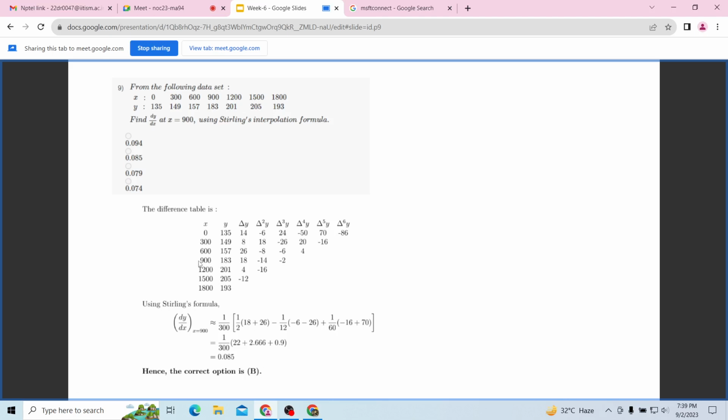So take this as the x naught. See, are you getting 0.085?